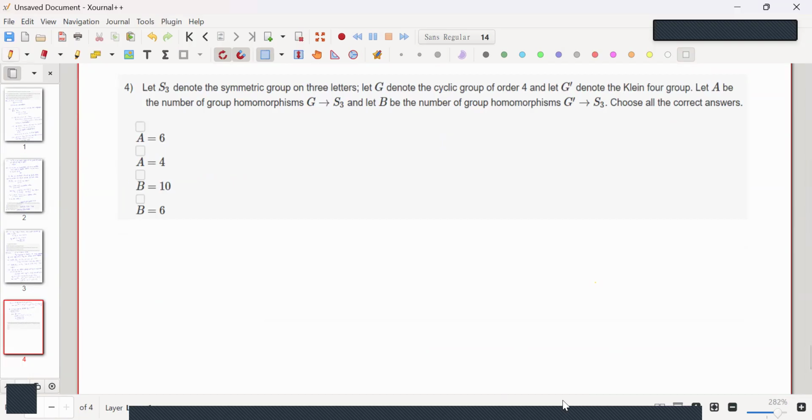We need to choose the correct answers. What is the number of group homomorphisms from G to S3? 4. 4. Why?